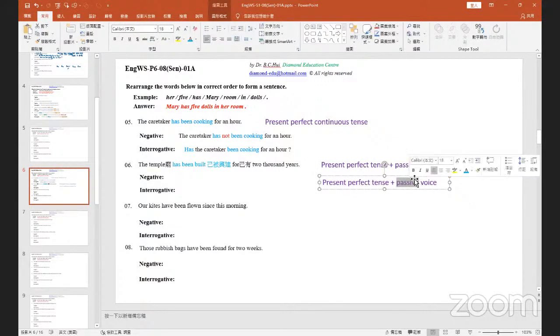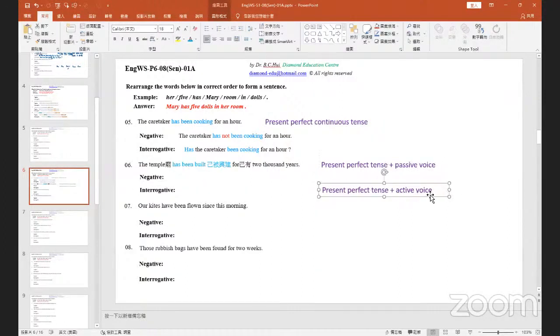You can change this sentence into active voice. Now, how to change the sentence into active voice? The temple, this is the object.